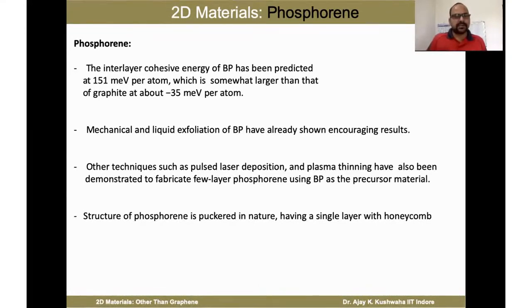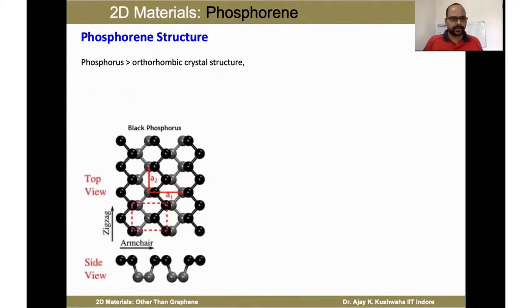The structure of phosphorene is slightly different as compared to graphene. It has a puckered structure, where though it is a single layer, all atoms are not in the same plane. I think it can be understood by looking at this figure.